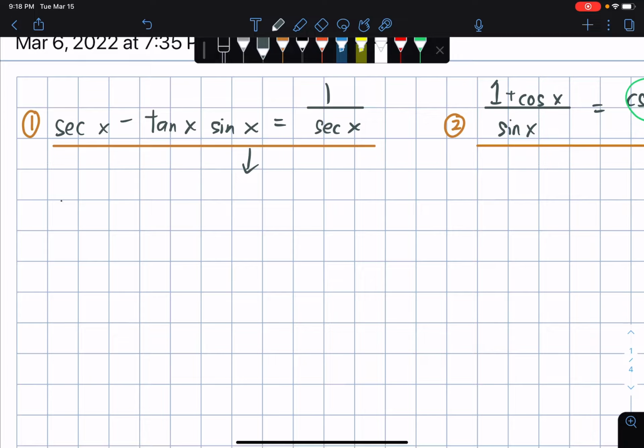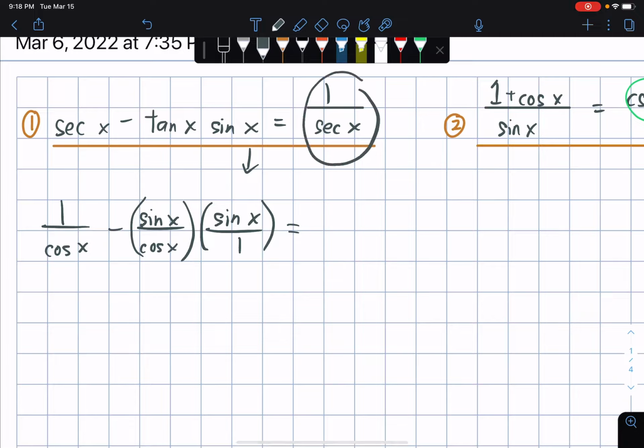Secant x could be translated as 1 over cosine x. And tangent x could be translated as sine x over cosine x. And just place a parenthesis there. We just copy our sine x.